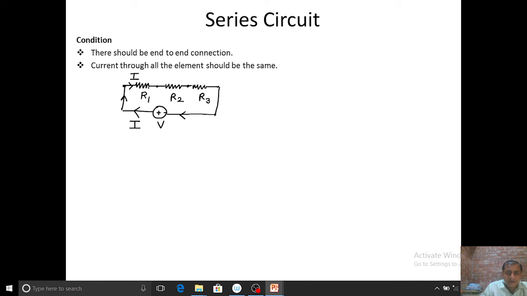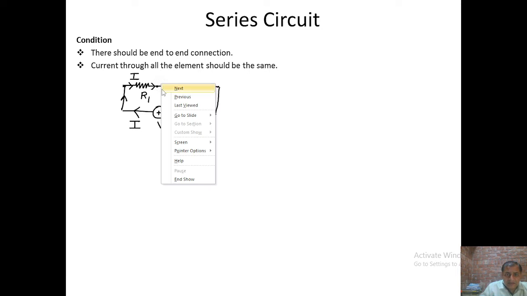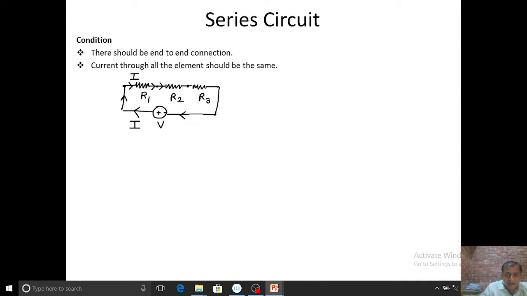The leaving current from R1 is I ampere, the incoming current for R2 is I ampere, and the leaving current for R2 is I ampere. Again, the incoming current for R3 is I ampere, and the leaving current is I ampere.